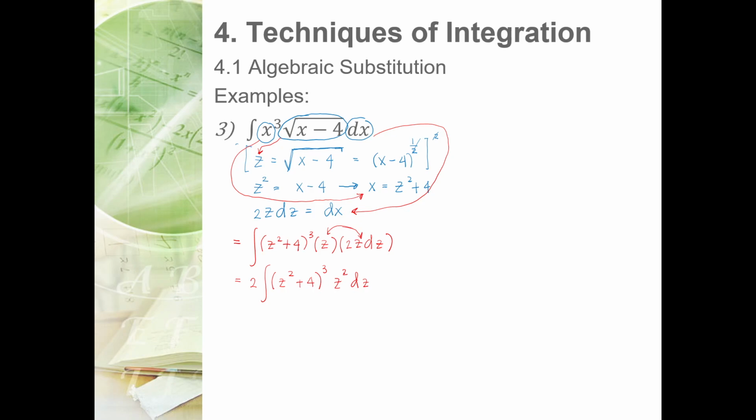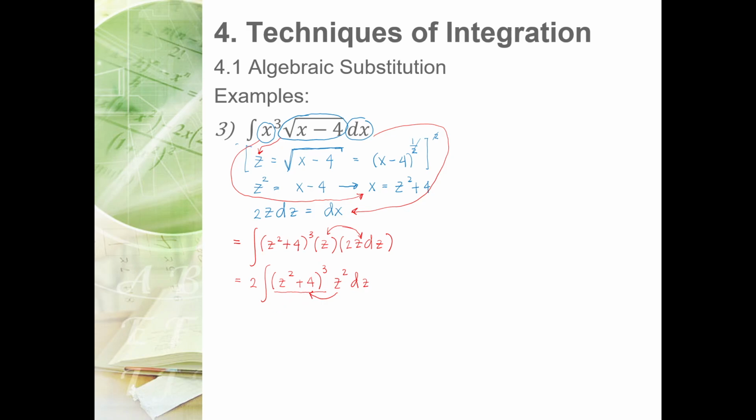Before we can multiply z squared to this whole term, we need to expand z squared plus 4 cubed. That's the correct way of doing it in algebra. I hope you still remember your algebra on how to expand binomials to the third degree.